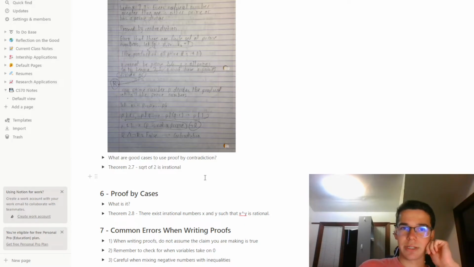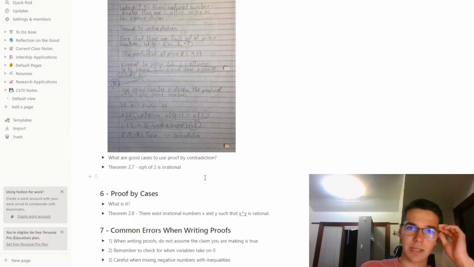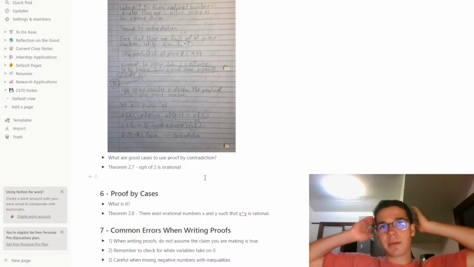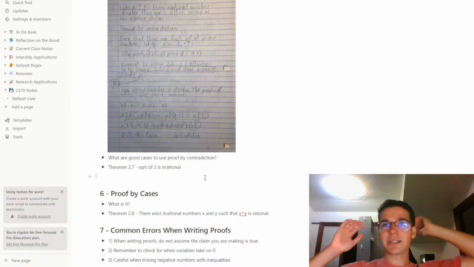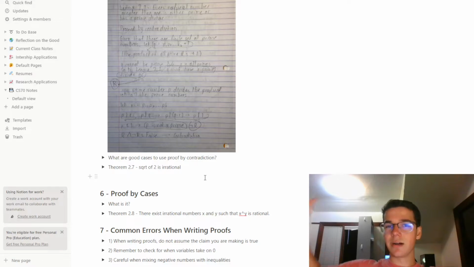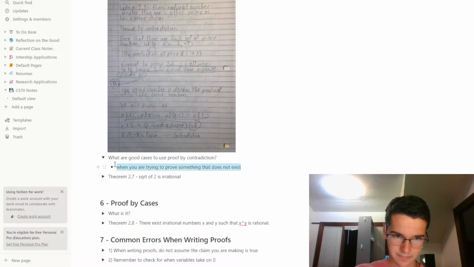As per the first case, it's really when we want to show something that's difficult or doesn't exist, I guess. For example, an infinite number of numbers, that's hard to quantify, right? Well, if we take the opposite of that, we're trying to prove something exists.